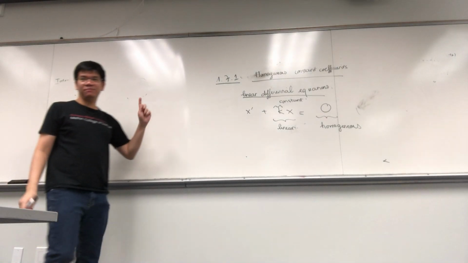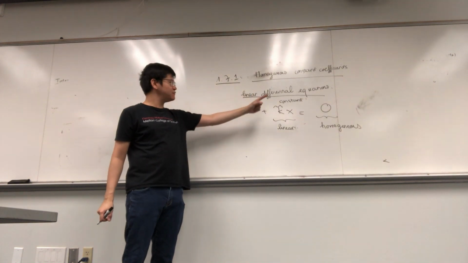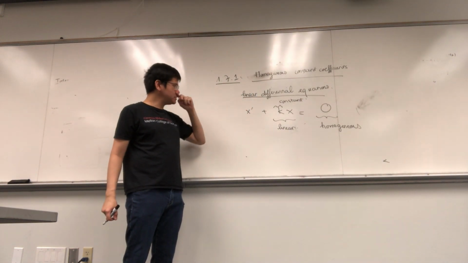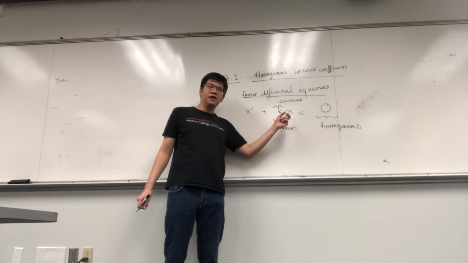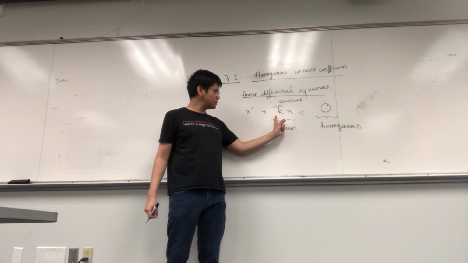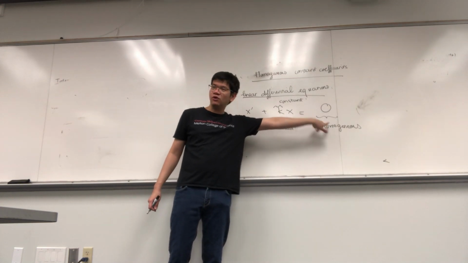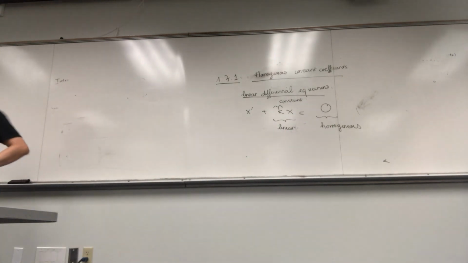This is 1.7.1 in the book. So constant coefficient means that here the function k has to be a number, and this is linear, so you have k times x. This is homogeneous, so the f has to be 0, right? So how can we solve this equation?